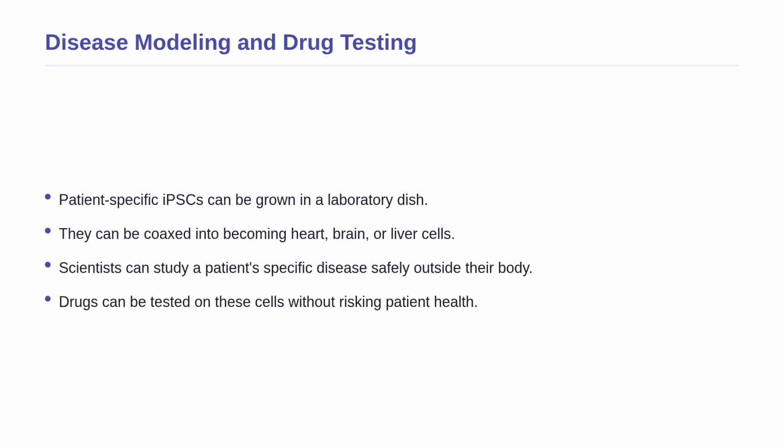This means we can study a patient's specific disease safely, outside their body, observing how the illness develops at a cellular level. Furthermore, we can test how their unique cells will react to certain experimental drugs. This allows doctors to find the most effective treatments without ever risking the patient's actual health, revolutionizing how we approach pharmacology.